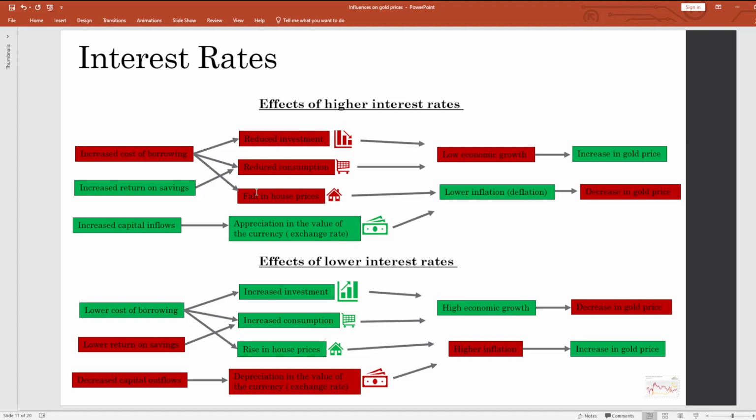Now I separated house prices from reduced investment on purpose here. The reason for that is because for most households, if we look at their balance sheets, you'll see that their house is their biggest investment, their biggest asset on the balance sheet, the most valuable one.